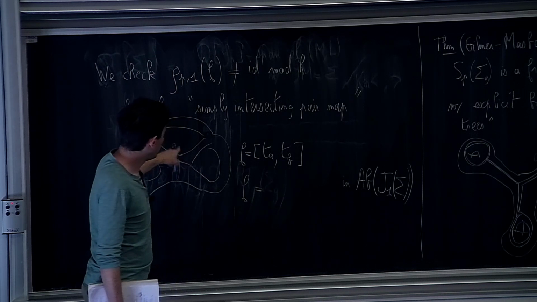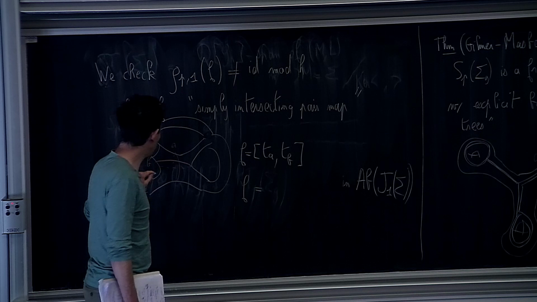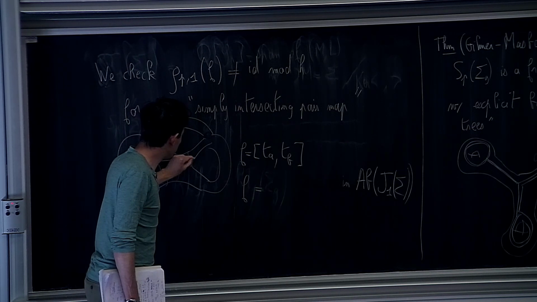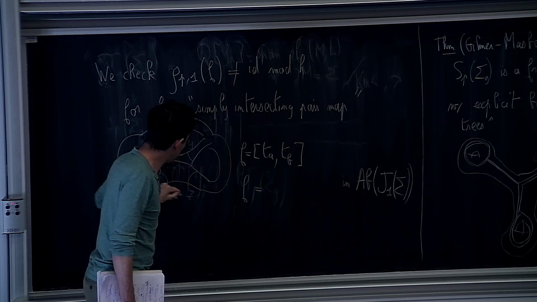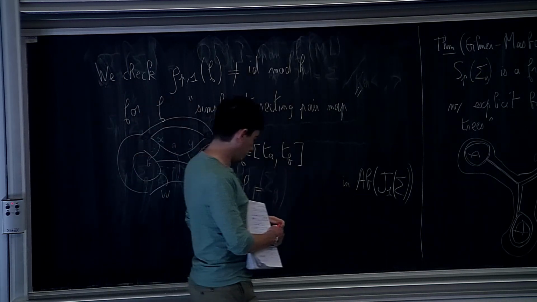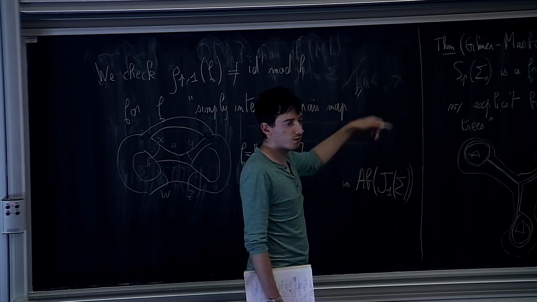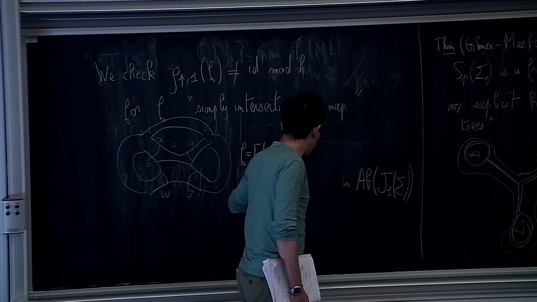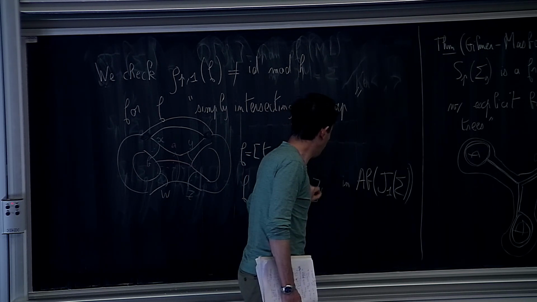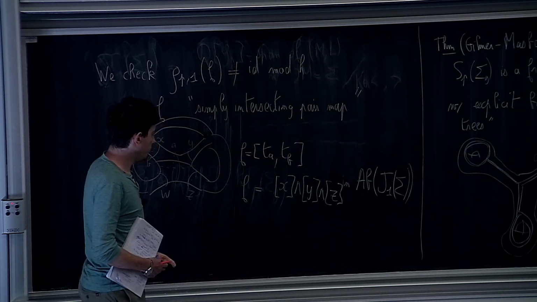You see that a regular neighborhood of the union of the two curves will be a four-holed sphere, and so I have four curves that I draw in blue here. So this is X, Y, Z, and W. And I say that the image of this will be an element of lambda three of H modulo omega wedge H, and it's this guy.